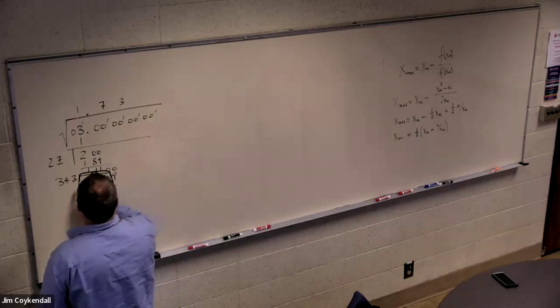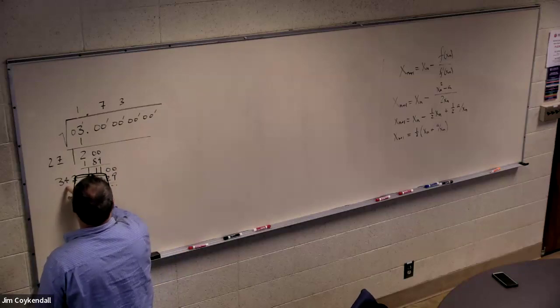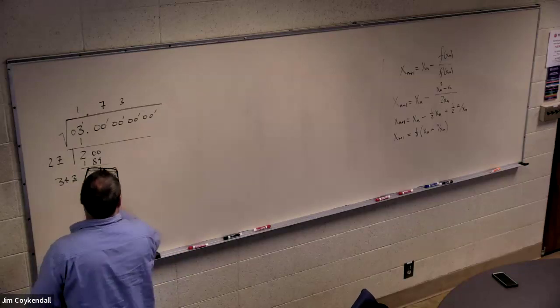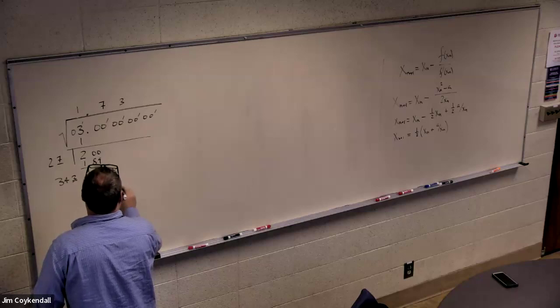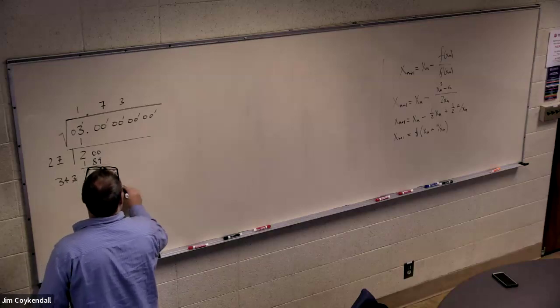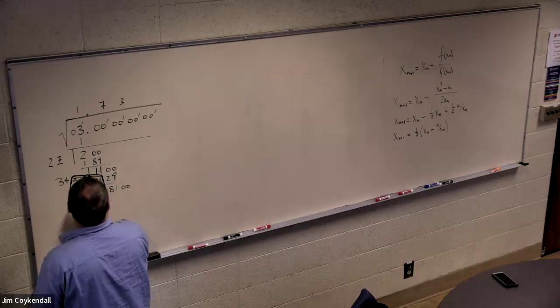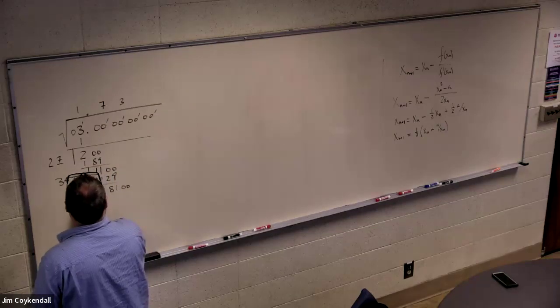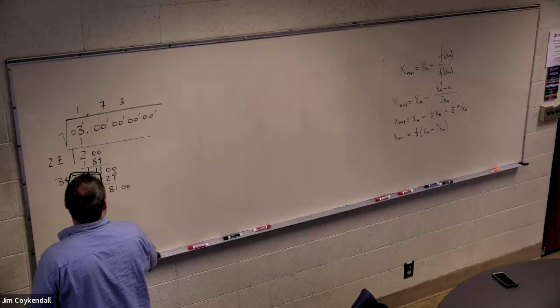Like here, that's 3, 3, 4, 3. I think this is 9, 12, 10, 81. Next pair. 3, 4, 6, and a blank.